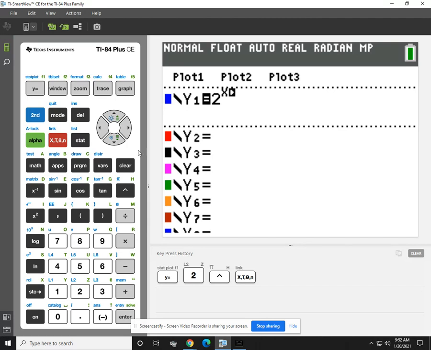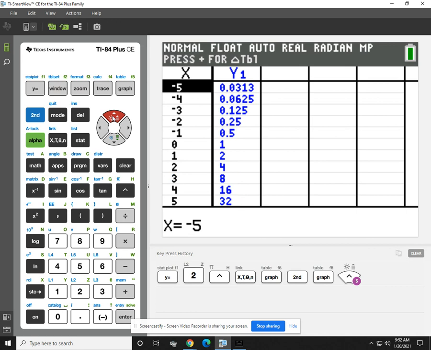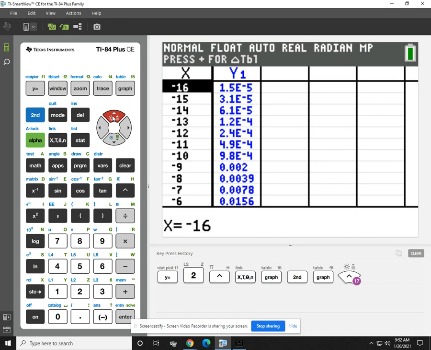So let's see what it looks like. I want you guys to notice something. Y'all see how it never crosses the x-axis? It's approaching it. It never crosses it. If we kept extending it out to the left, go to your table: x equals negative 15, x equals negative 20.